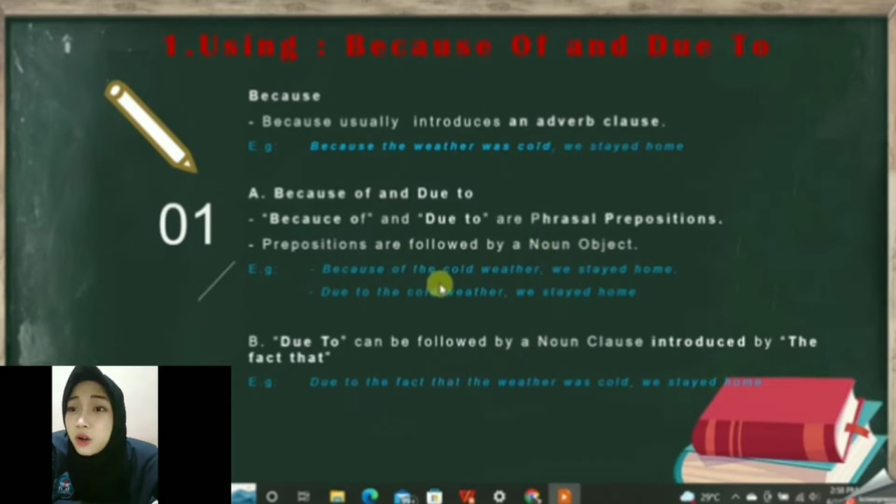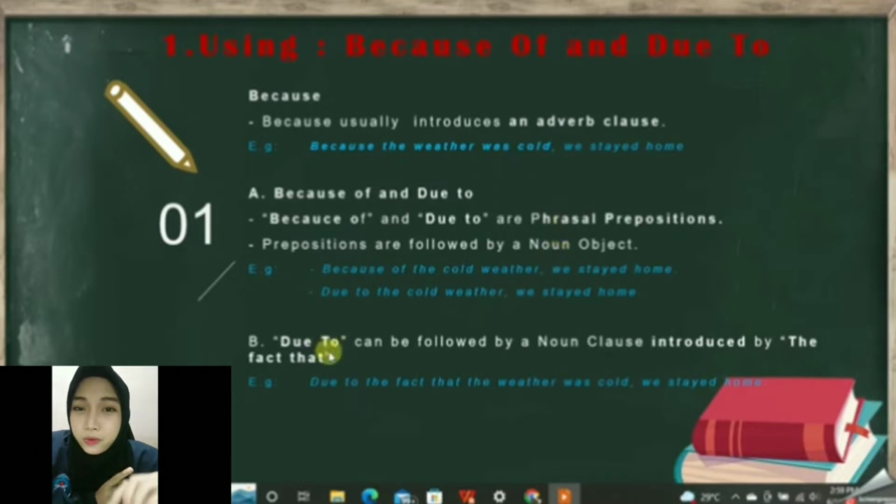Because of the cold weather, we stayed home. And due to the cold weather, we stayed home. As you can see here, both of the prepositions because of and due to are followed by a noun object, or we can also call it a noun phrase, the cold weather. So usually we cannot use a clause just like the weather was cold anymore.